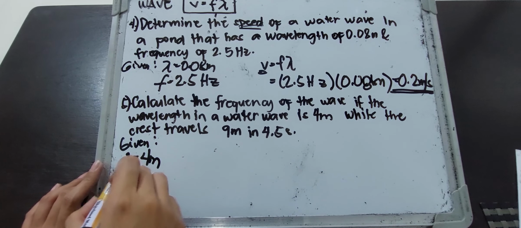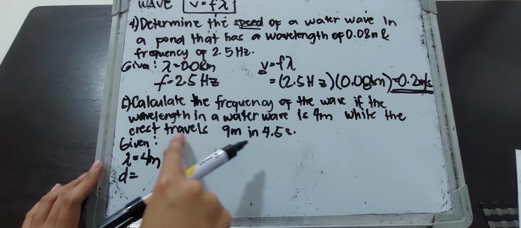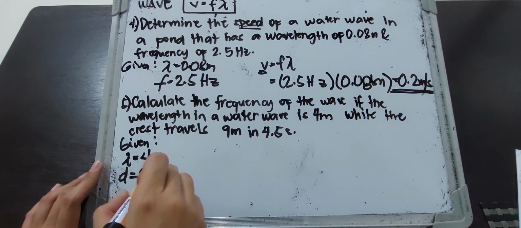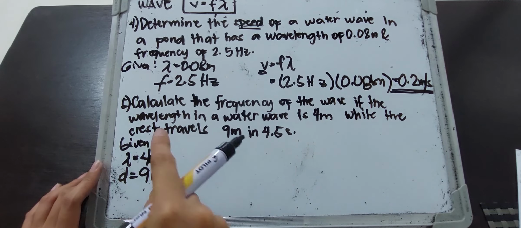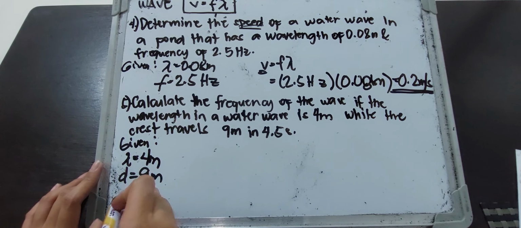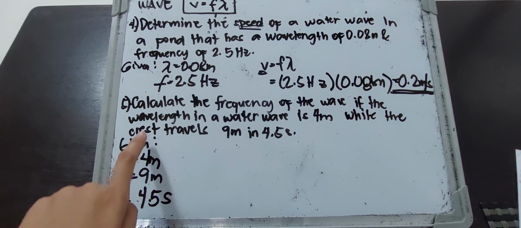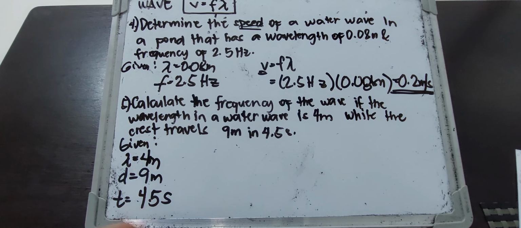So, since this is in meters, you can assume that this is the distance na na-travel nung crest. So, we have the distance of 9 meters and the crest travels that 9 meters in a matter of 4.5 seconds or the time. It means naka-cover ng 9 meters yung wave sa loob ng 4.5 seconds.